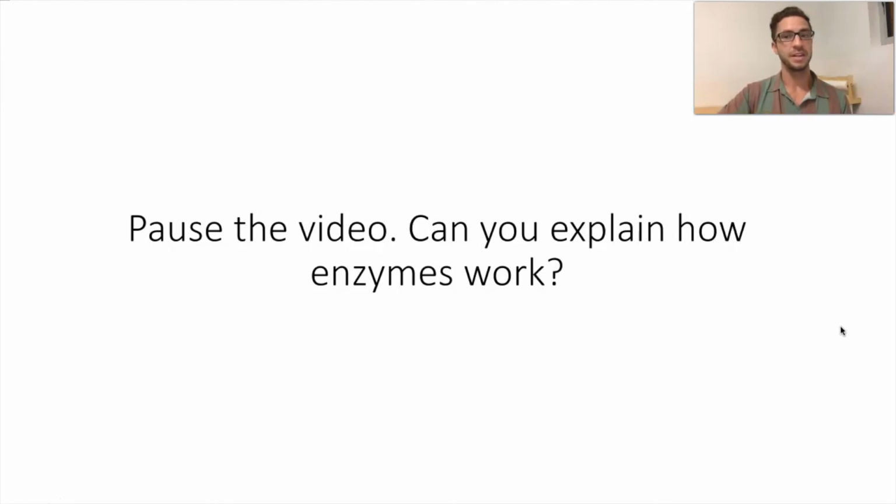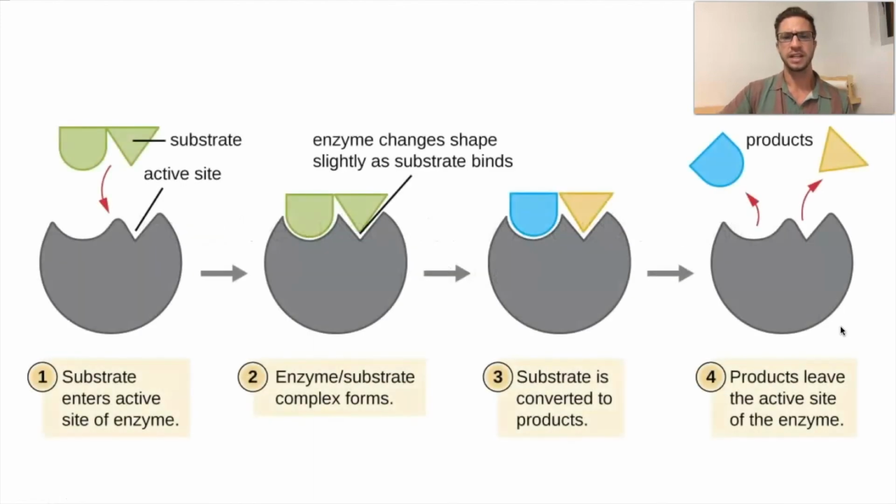Sweet. So hopefully you just paused the video and talked through a process something like this. Say you've got an enzyme and it has an active site. Then a substrate comes along and it binds to the enzyme. Once it is bound, it creates this enzyme substrate complex.